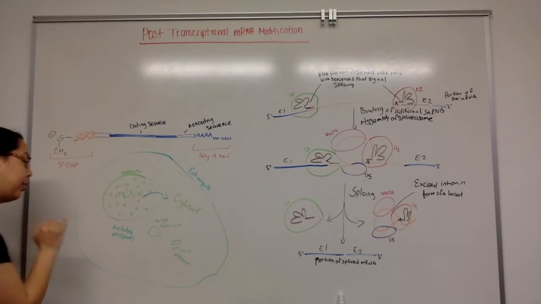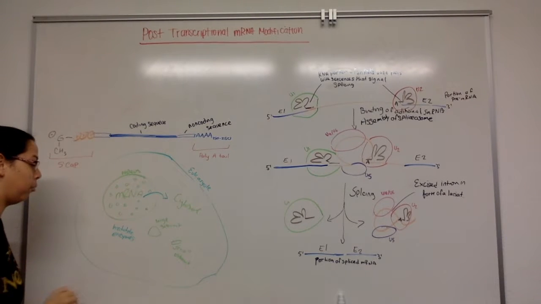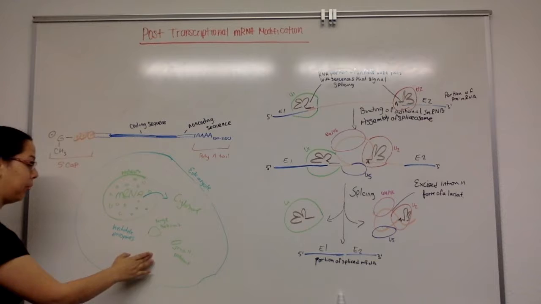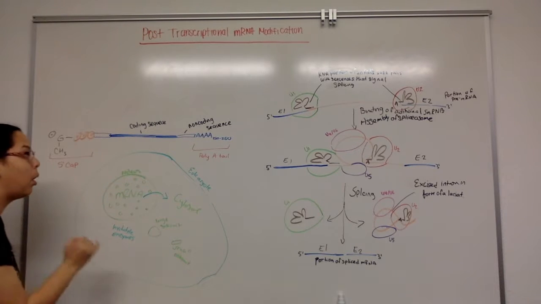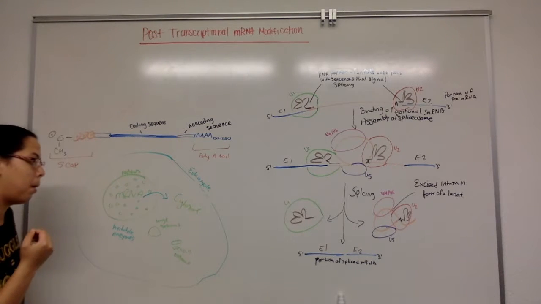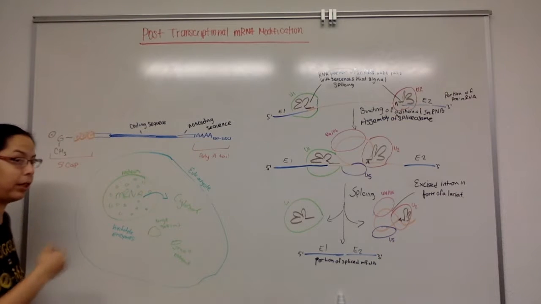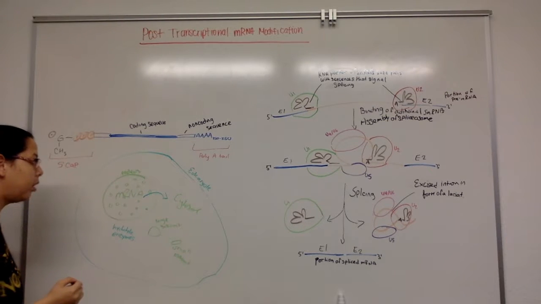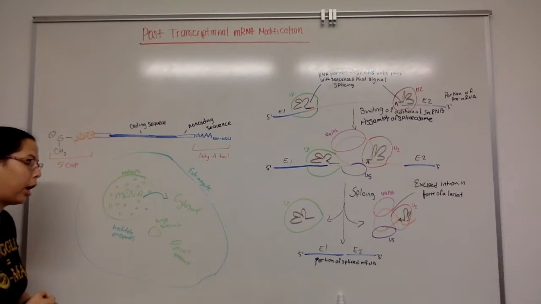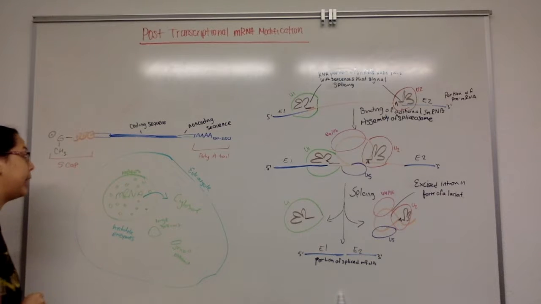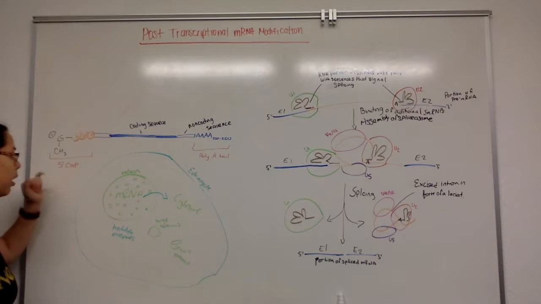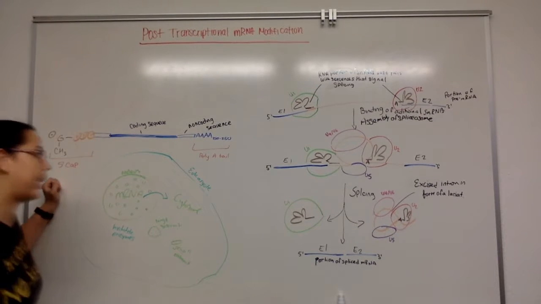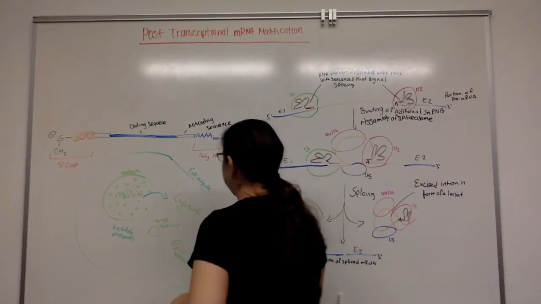Regular mRNA transcripts are unable to survive in the cytosol because hydrolytic enzymes break down the phosphodiester bonds between the nucleotides. So in order for the mRNA to mature and be able to survive outside the nucleus, it needs to gain a 5' cap and a poly-A tail.